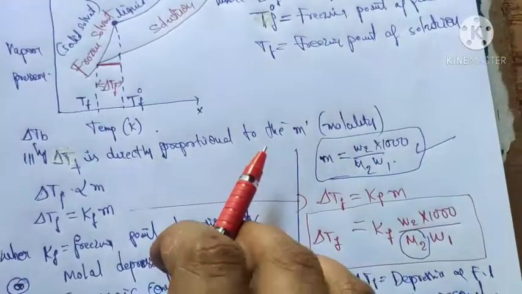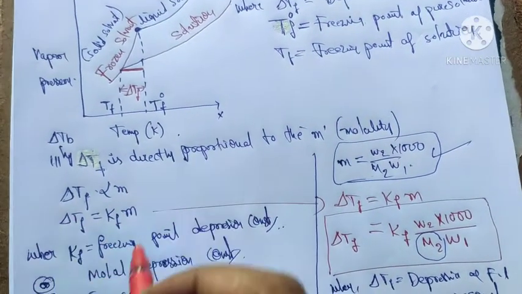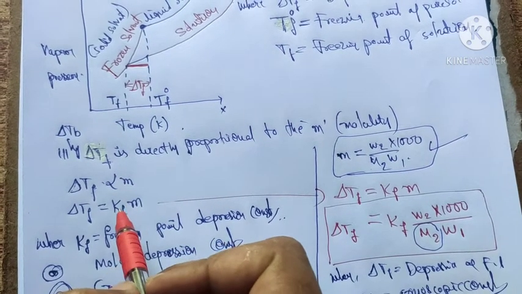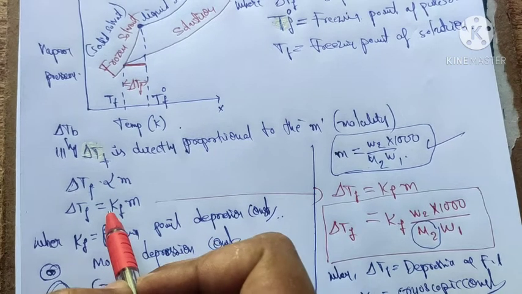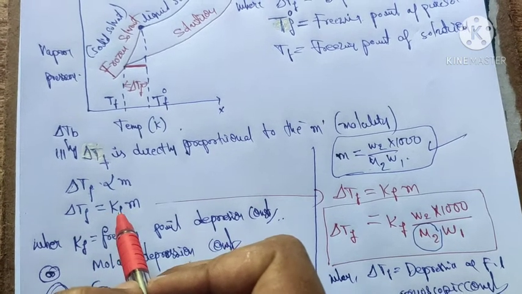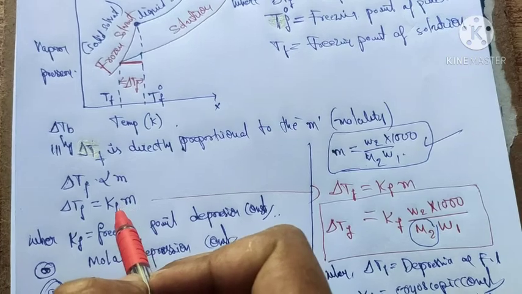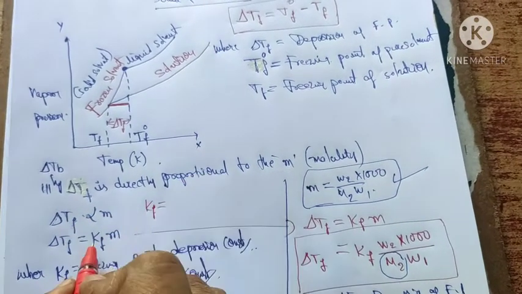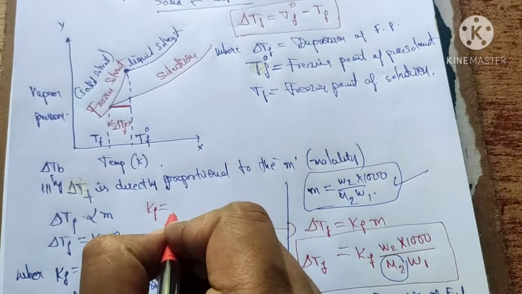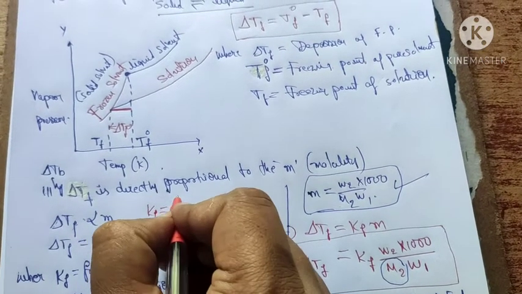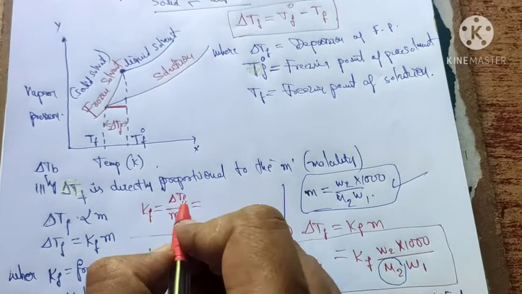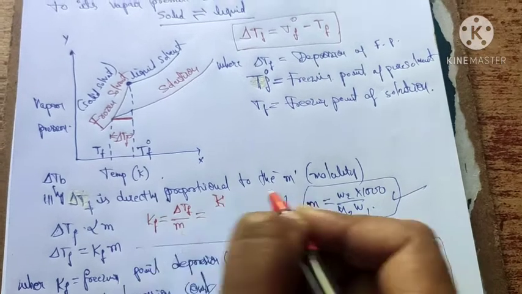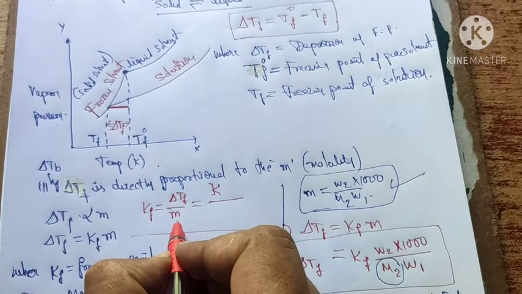Okay students, one more point. See here, delta TF is equal to KF m, so considering only KF, it becomes KF equals delta TF by m. Delta TF is represented in Kelvin.